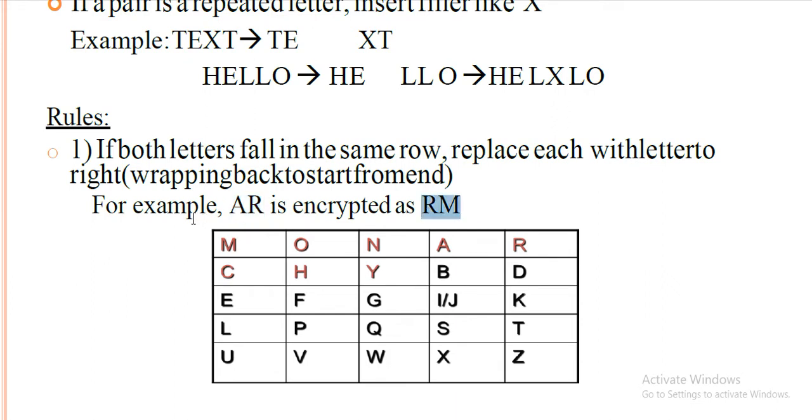So whatever pair you created, if your pair of alphabets is in the same row, then the simple concept is you need to shift each and every alphabet to the next one. If our alphabet is in the last box of the row, then that box is replaced by the first box of the row, whatever the content in the first box is. Because of that, R is replaced by M. That is the first method, right?